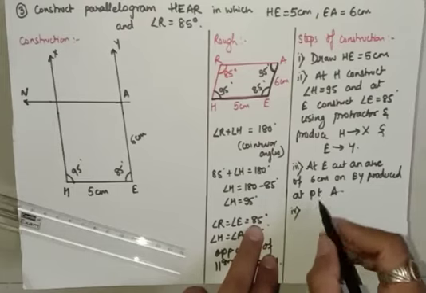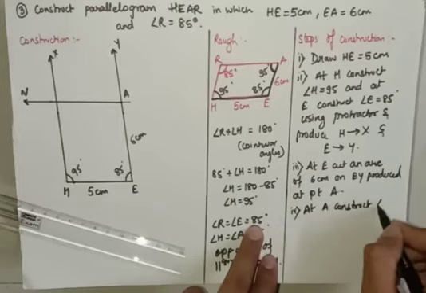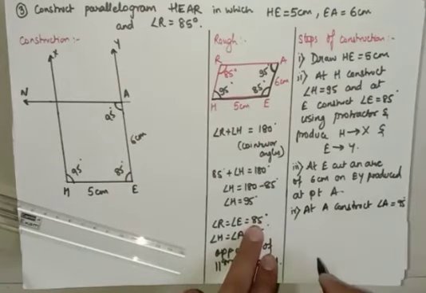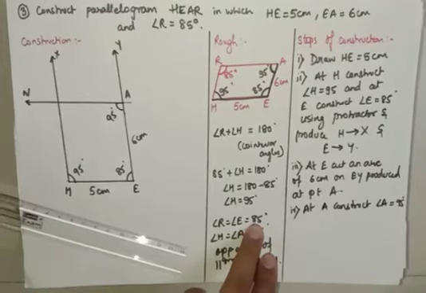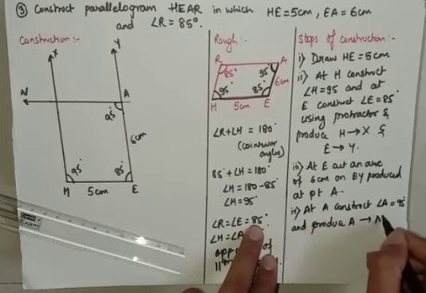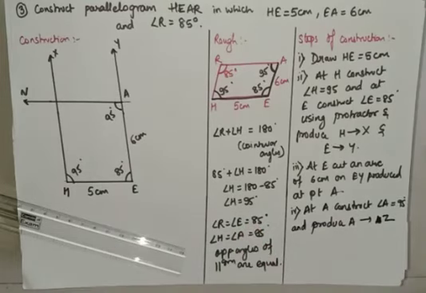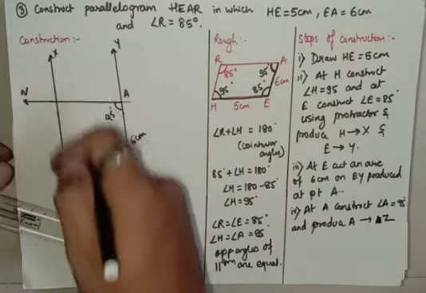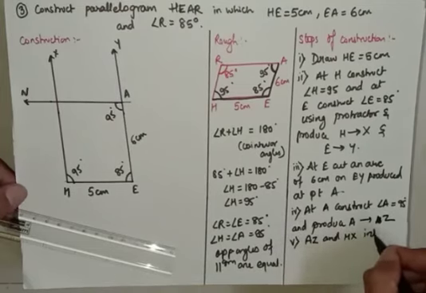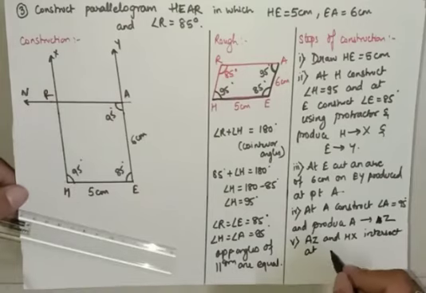So the fourth point is: at A construct angle A equal to 95 degree, and produce A to point Z. So now AZ and HX intersect at which point? R. This point of intersection will be R.